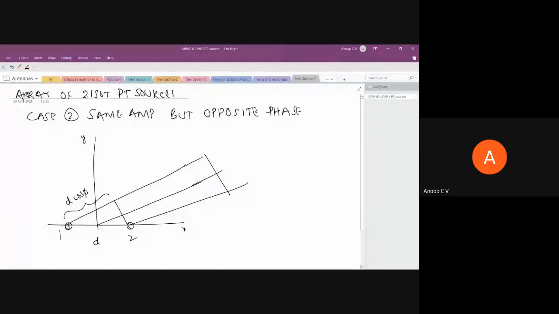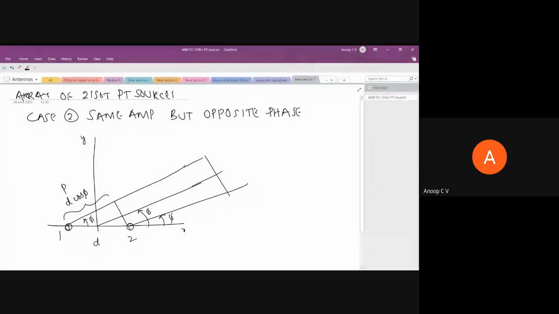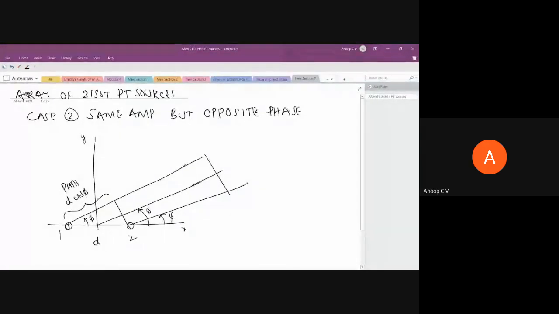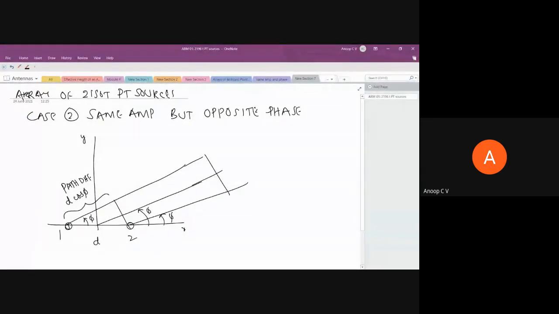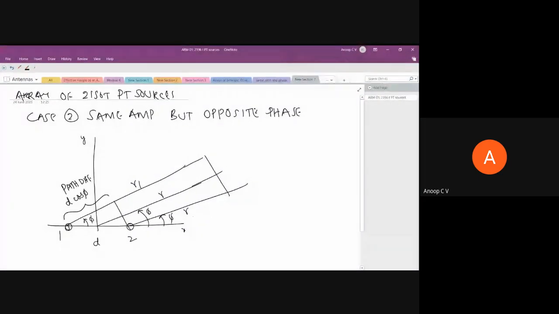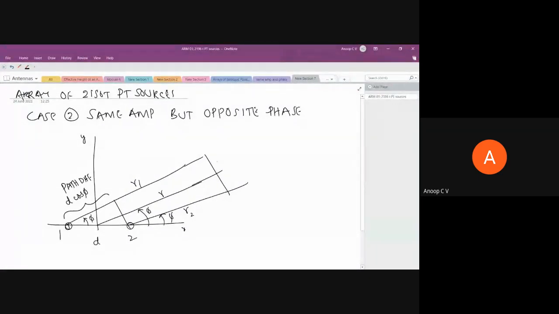This angle is phi, and of course this angle is also phi. So the path difference is d cos phi. So this is R1, this is R, and this is R2. We are interested in the far field pattern.